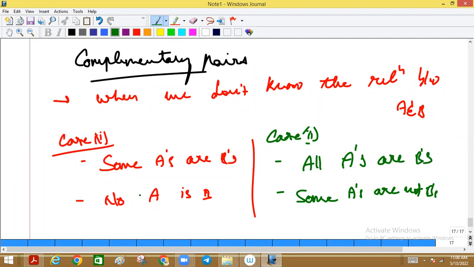Got it? These are called either-or complementary pairs. So when you see this, your answer should be either-or complementary pairs.